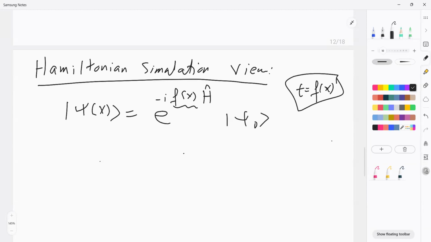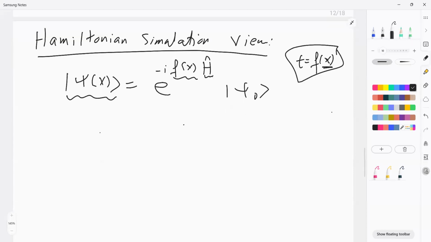So if I choose this simulation time based on this input data, and also choose a Hamiltonian in various ways, I can prepare various types of quantum states that encode this data. Let me take a few examples to make it more explicit.